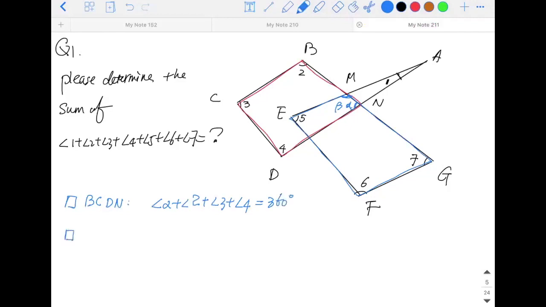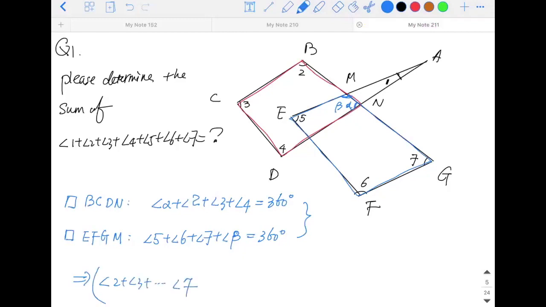And in this quadrilateral E, F, G, M, I have 5, 6, 7, beta, which also equals 360 degrees. I put them together: 2, 3, 4, 5, 6, 7 plus alpha plus beta equals 720.